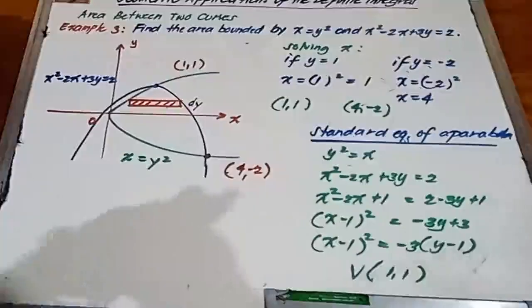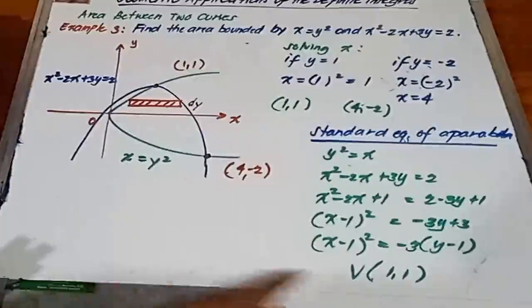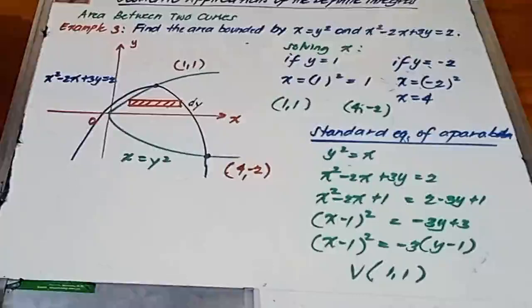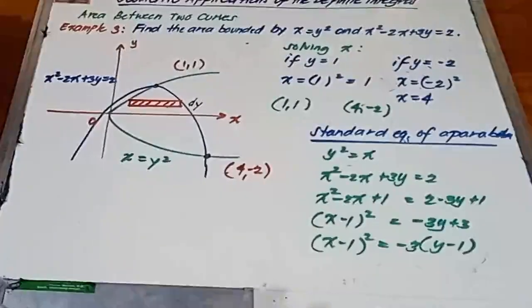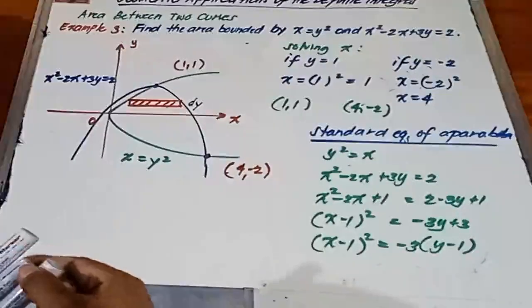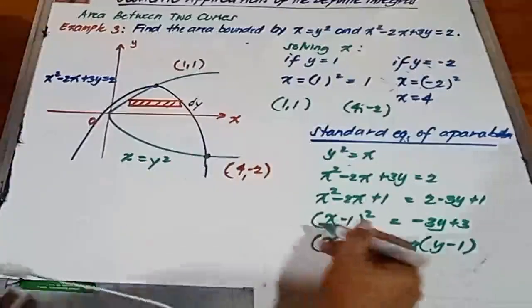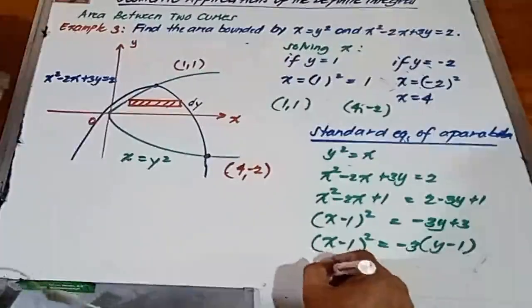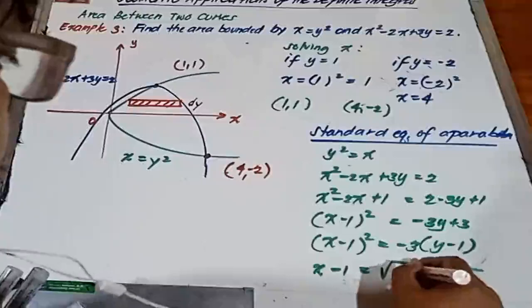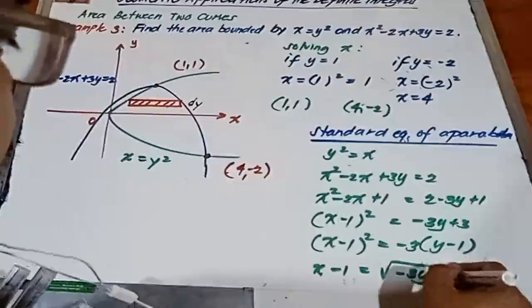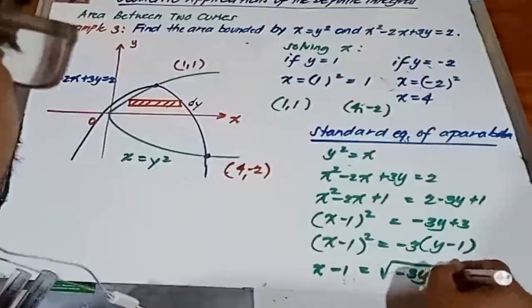Okay? So, ibig sabihin, kailangan isulat muna natin to as x is a function of y. Paano natin susulat yan? Square root natin both sides. Okay? So, the result is x minus 1 equals square root of negative 3y plus 3.